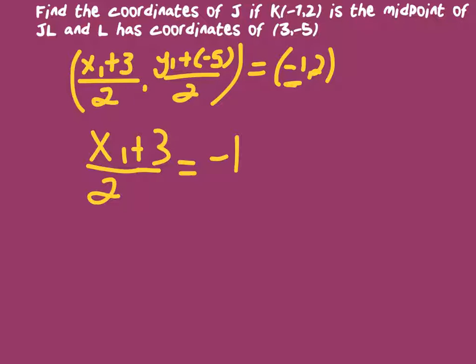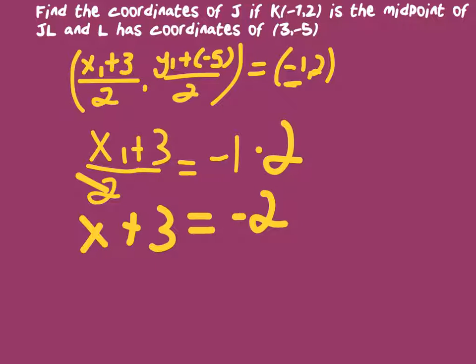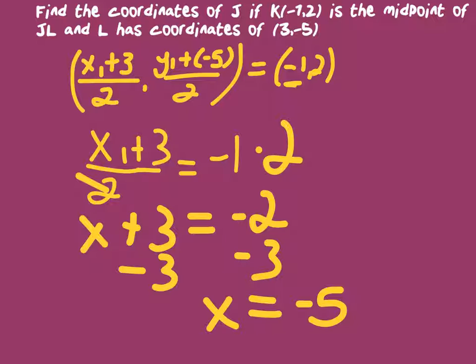To solve for x1, we're going to multiply each side by 2 to get rid of it, and we're going to be left with x plus 3 is equal to negative 2. Then we're going to subtract 3, we're going to subtract 3, and we get x equals a negative 5. So we know that J has an x coordinate of negative 5.